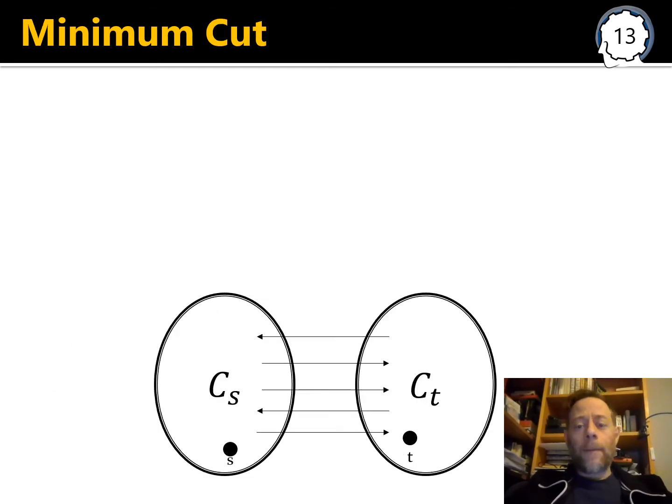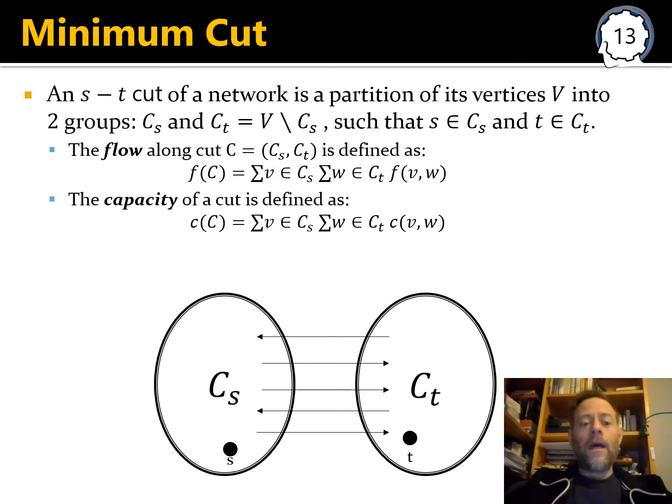So that was about maximum flow. We will now talk about the minimum cut. And the minimum cut is a very useful thing. A cut is usually called an ST cut.